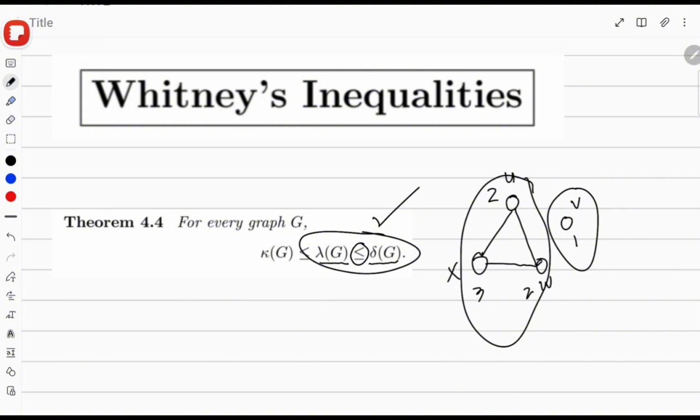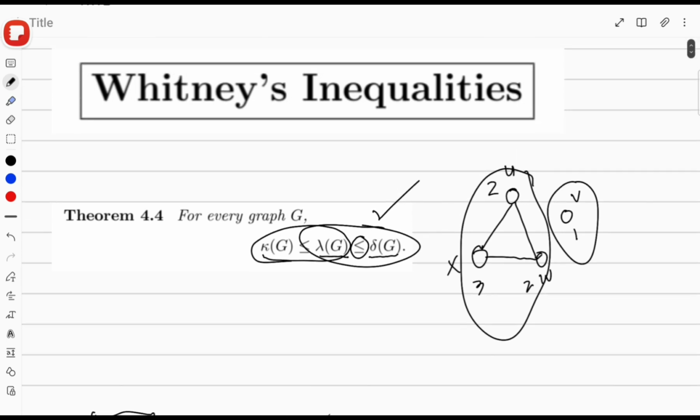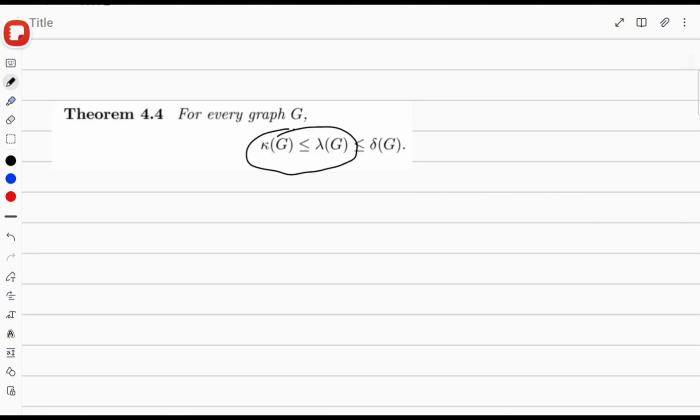Okay, now we are left with this one. The kappa of G is less than or equal to the lambda of G. Let's have an example.